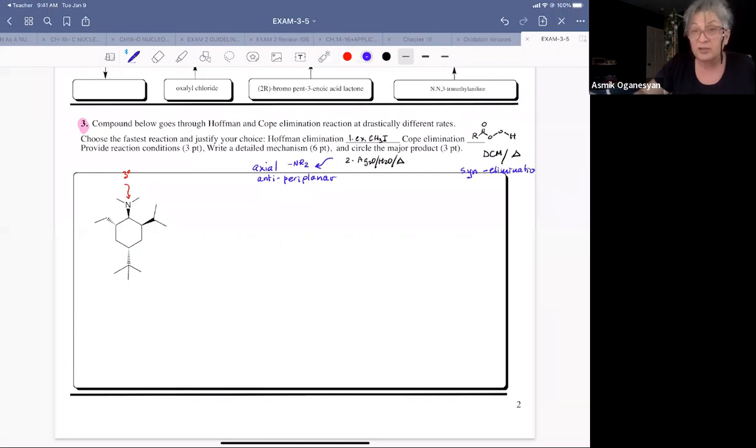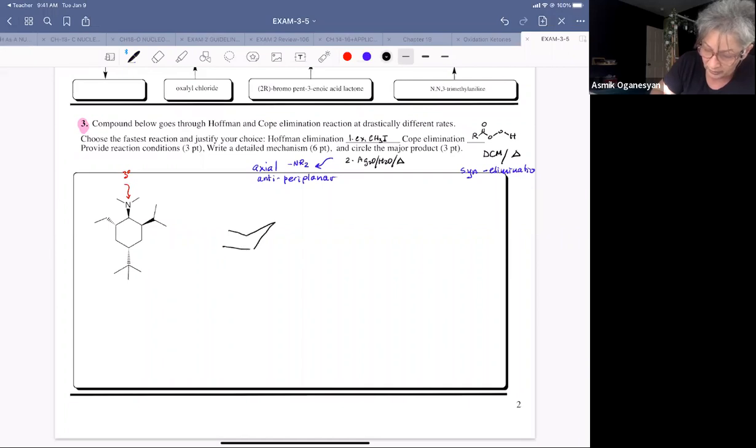I actually do not want to have an axial amino group. So let's see how my compound will present itself before the reaction in its most stable conformation. I have a tert-butyl group on, so let's just draw the molecule in which the tert-butyl group will be equatorial. So if I wanted to go equatorially down, actually let me draw a right chair.